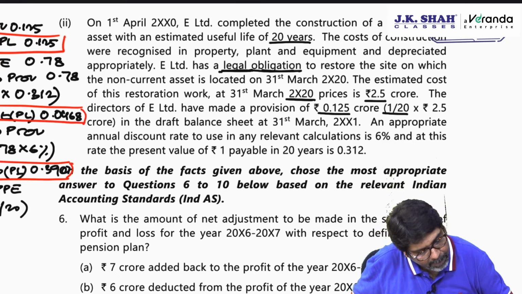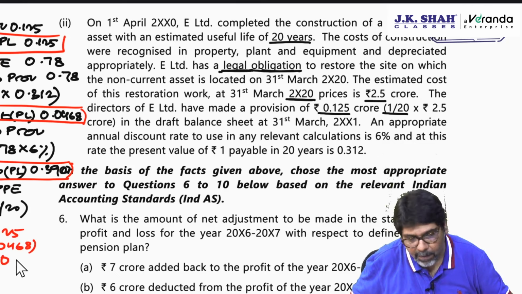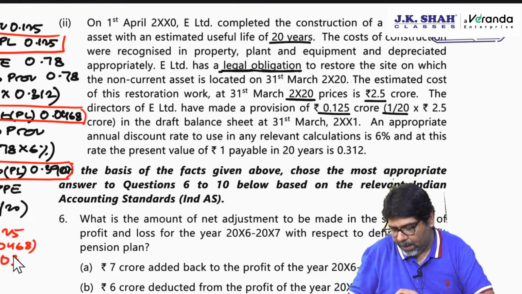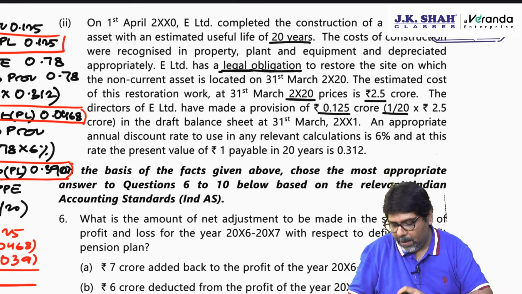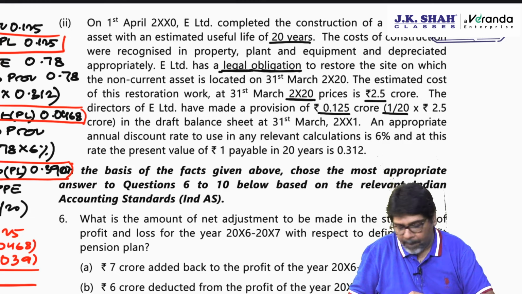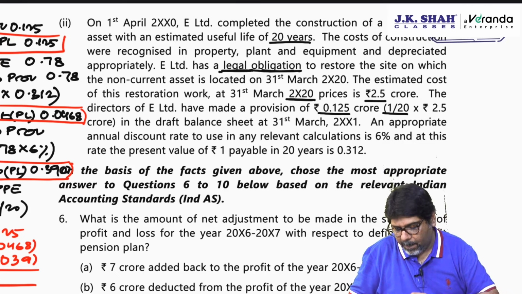Therefore, the net impact will be 0.125 credit, debit in 0.0468 and 0.78 divided by 20, 0.039. So the net impact on PL is 0.125 minus 0.0468 minus 0.039.